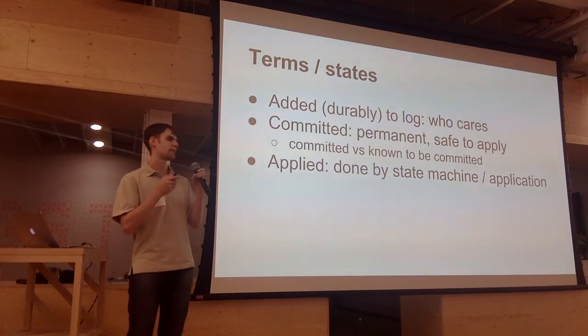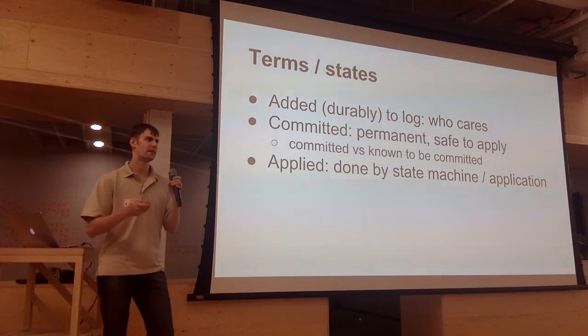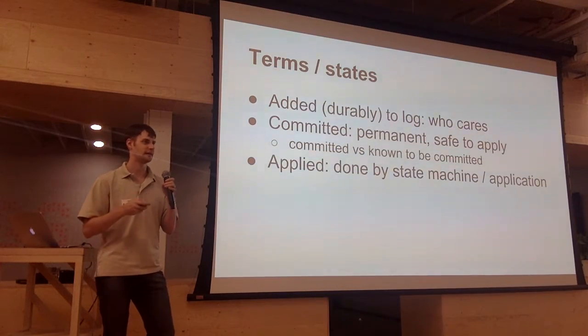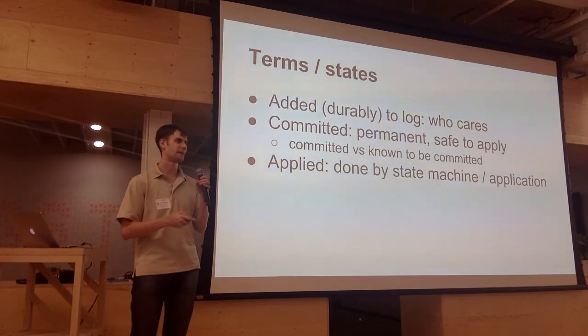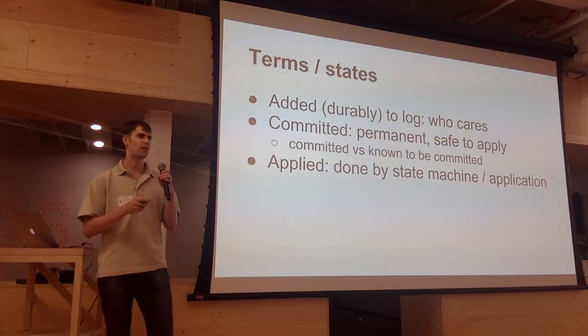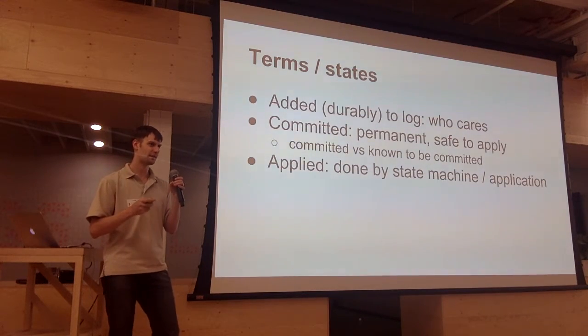Once you have something that's committed, you're allowed to apply it, and that just means acting on it, such as replying to the client. I also want to make a distinction between when something is actually committed and when machines find out that it's committed.